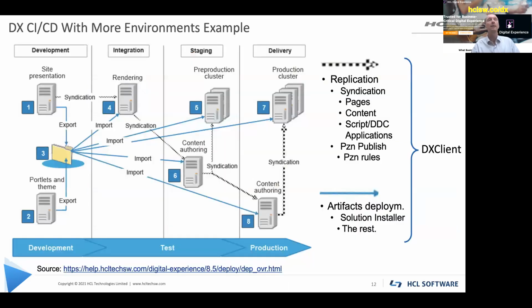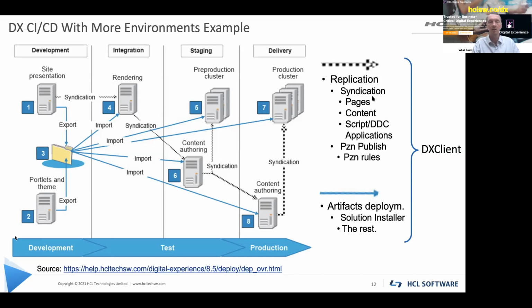If you then look at a more advanced environment, so more than two environments, here is, for example, a combination of development and then integration, staging, and delivery. And actually in delivery, we even have authoring and production. Here you can see we can combine it. So we can use replication for syndication for the WCM libraries again.